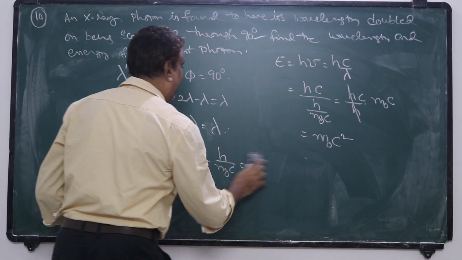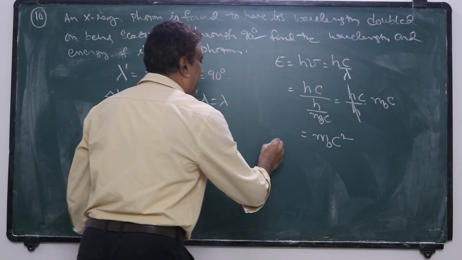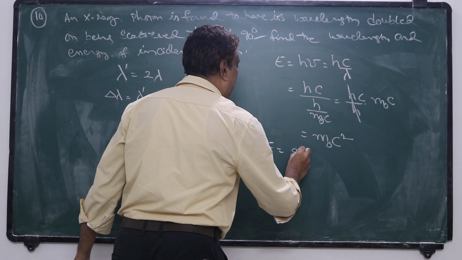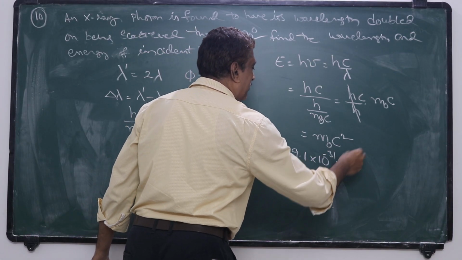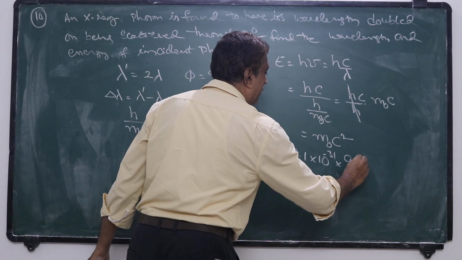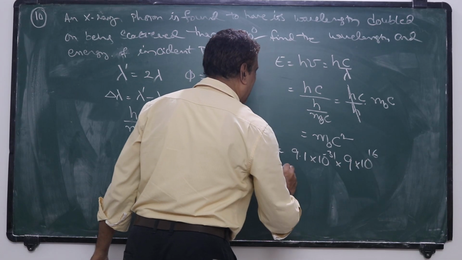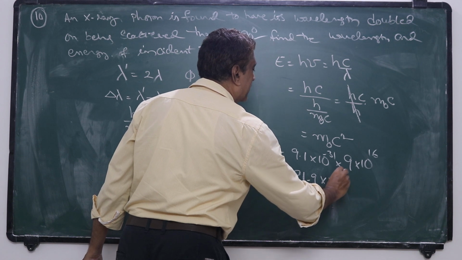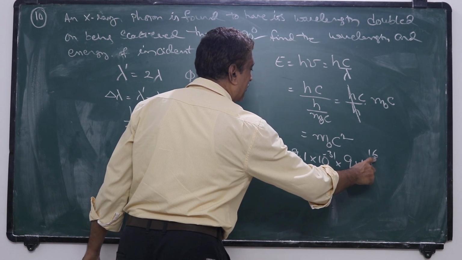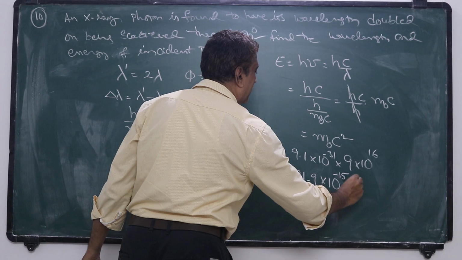We can directly write it like this also: E is equal to 9.1 into 10 power minus 31 into c square, that is 3 into 3, 9 into 10 power 16. That is 81.9 into 10 power minus 15 joule.